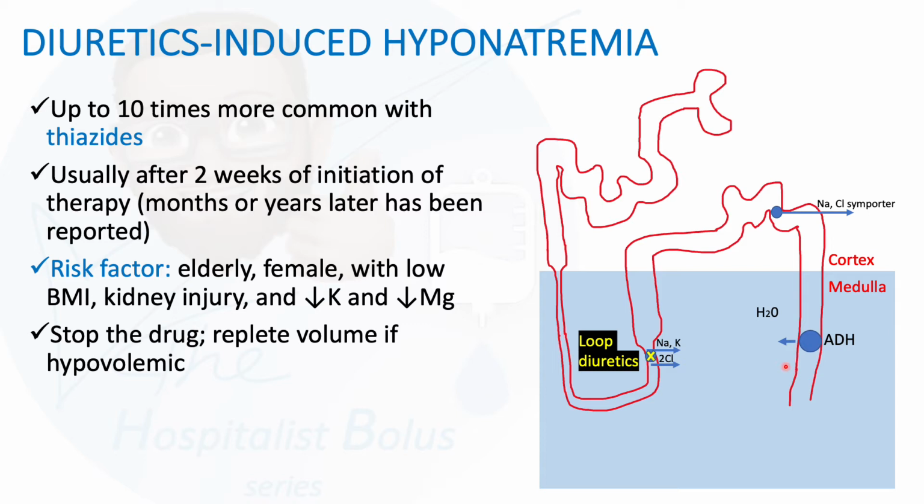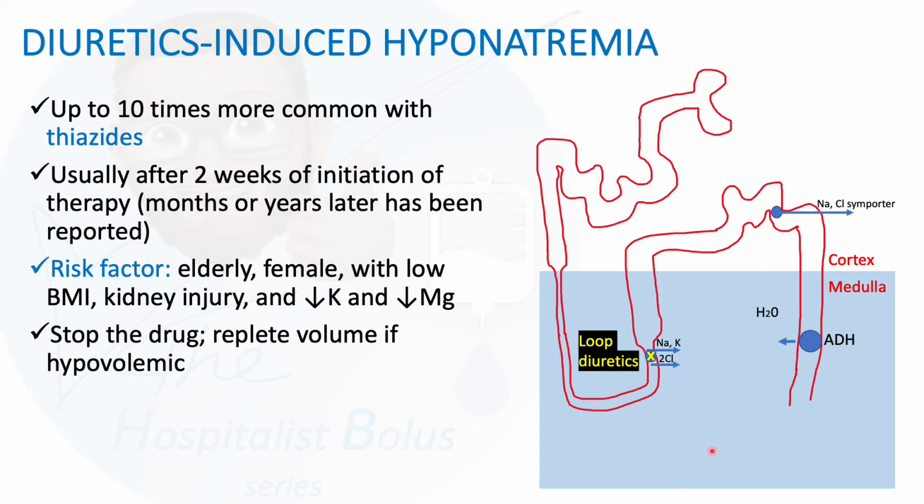So less water will be reabsorbed, so the dilutional effect will be less. This mechanism is intact with thiazide, so there will be more dilution, more water will be reabsorbed because the osmolality in the medulla is intact, and that will lead to more dilution and more hyponatremia. And that's theoretically why loop diuretics affect the sodium less than thiazide diuretics.